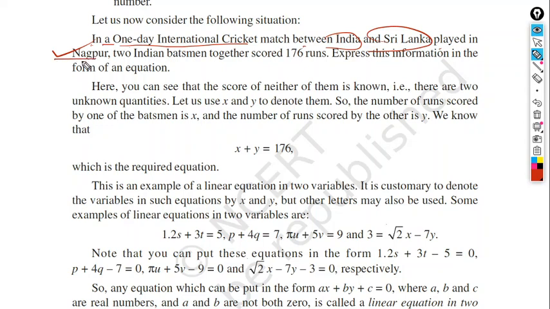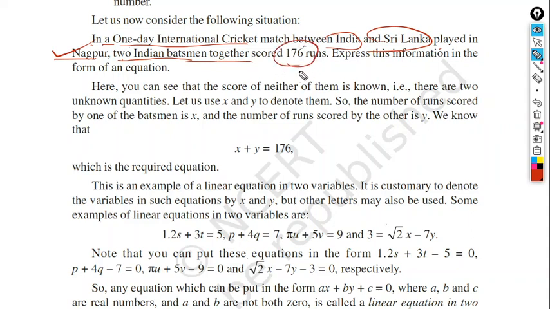There is a cricket match being played in Nagpur, and it is a one day match. You know that a one day cricket match is played for how many overs? Yes, 50 overs. Two Indian batsmen together scored 176.